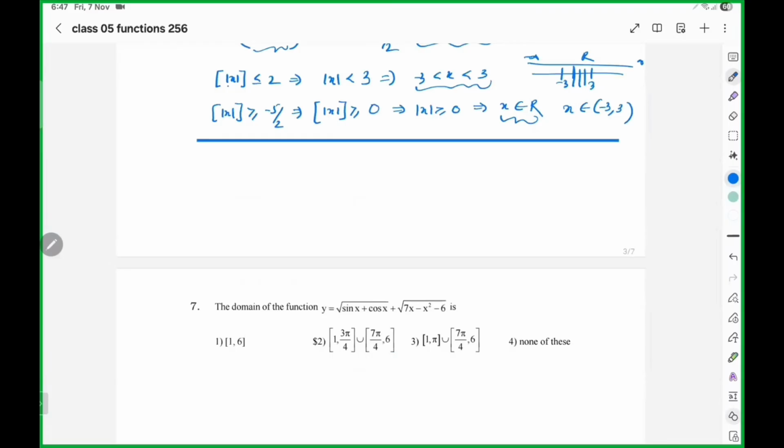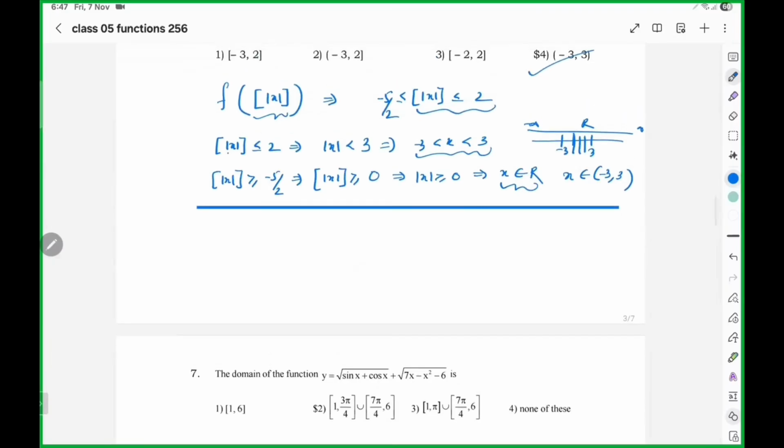So in this problem, we have sin x plus cos x, which I can write as root 2 times (sin x into 1 by root 2 plus cos x into 1 by root 2).